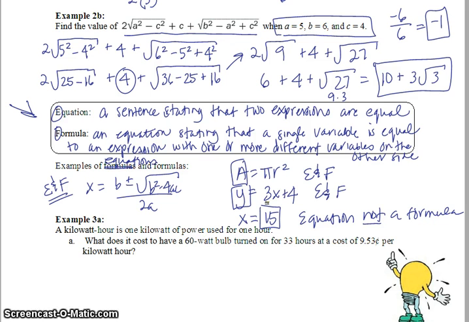Let's do two more examples about equations and formulas. So the first one, example 3a. A kilowatt hour is 1 kilowatt of power used for 1 hour. What does it cost to have a 60-watt bulb turned on for 33 hours at a cost of 9.53 cents per kilowatt hour? So let's move this up a little bit.